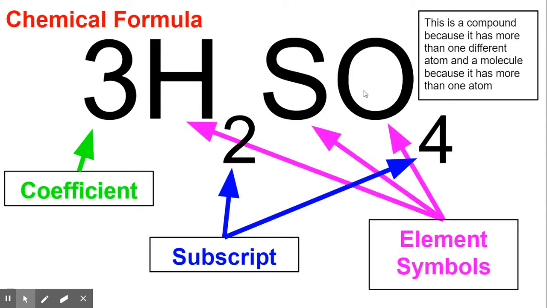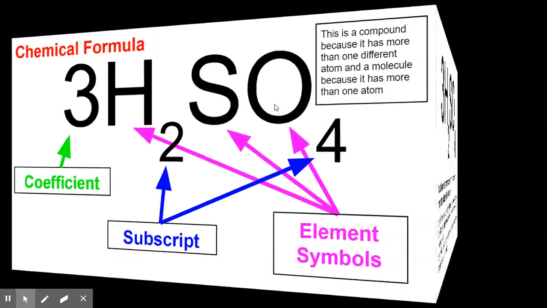And again, these are the chemical symbols for those 3 elements. So in this formula, there are 3 different elements: hydrogen, sulfur, and oxygen. There are 2 hydrogens, 1 sulfur, 4 oxygens. And on the next slide, we'll talk about how we incorporate the coefficient.